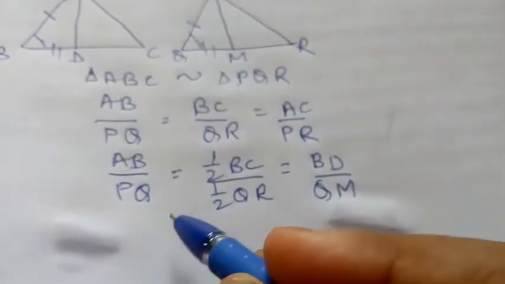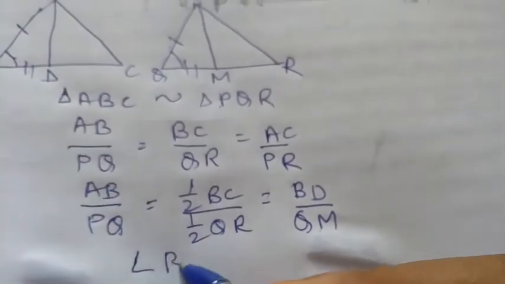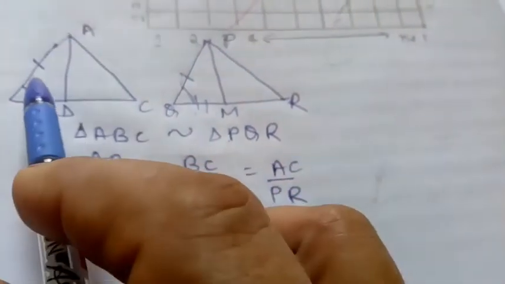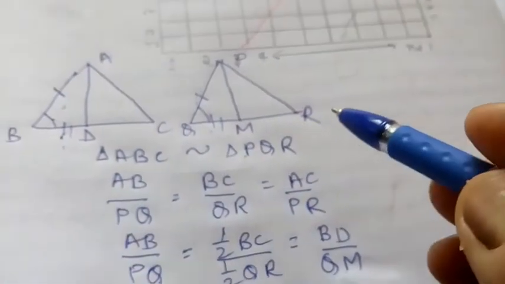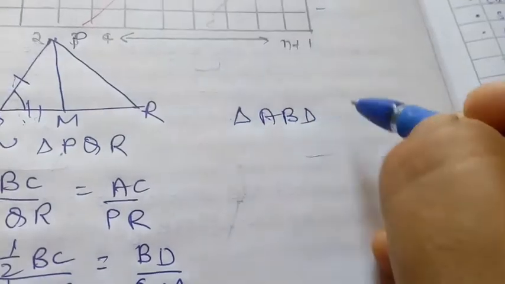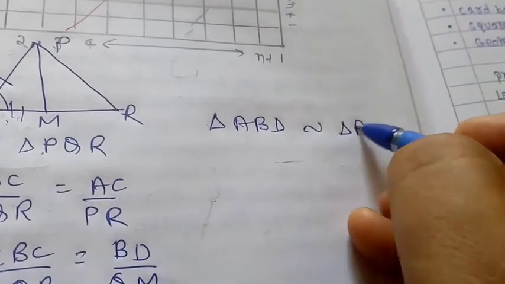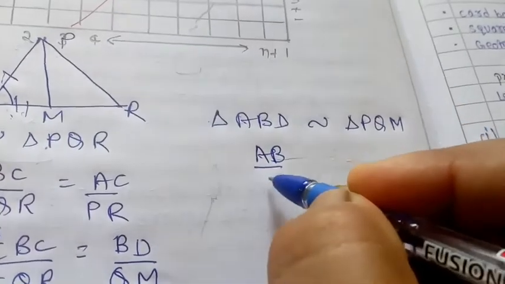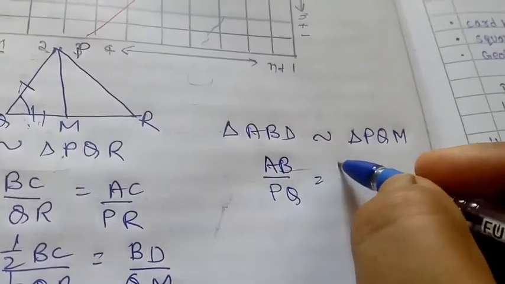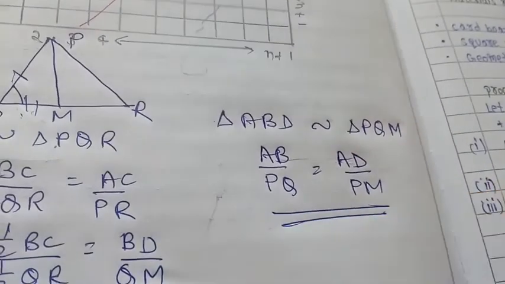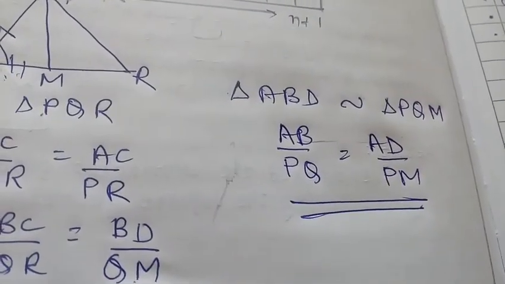And angle B equals angle Q by the similarity. Since angle B equals angle Q and the ratio is equal, triangle ABD is similar to triangle PQM. If they are similar, AB upon PQ equals AD upon PM. The sides are proportional. Okay, complete.